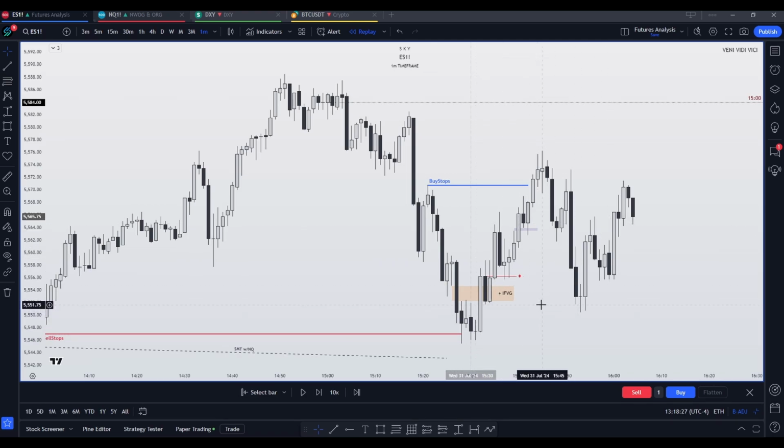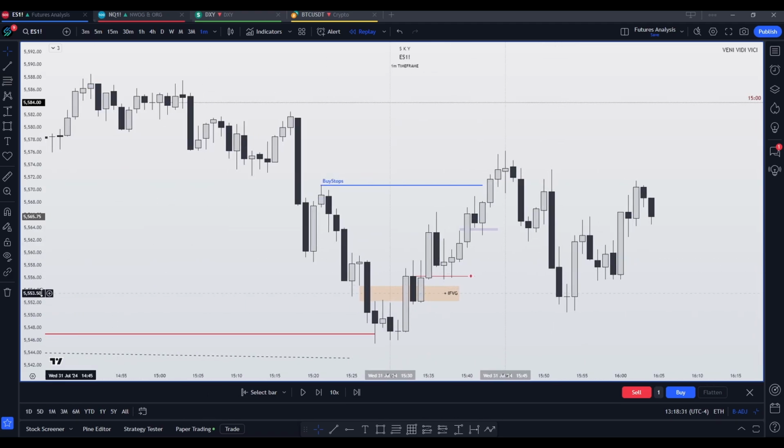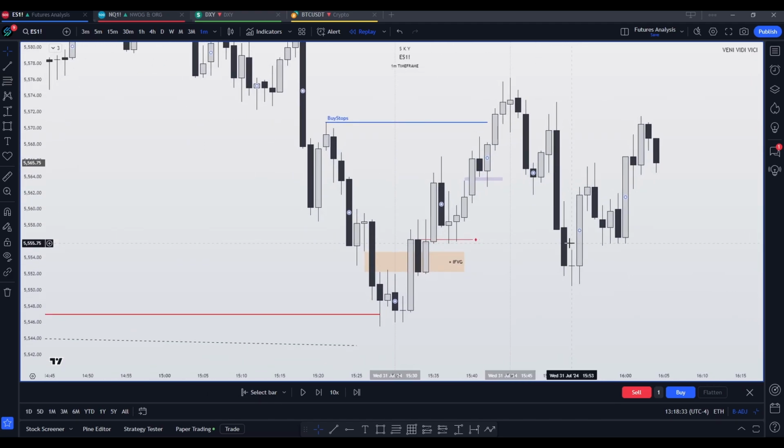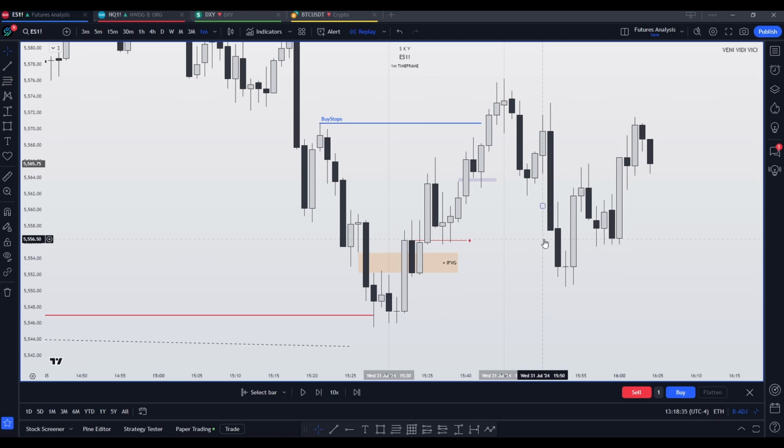And our last time to get an entry would be 1545. 1515, sorry. So this is how our times will be.